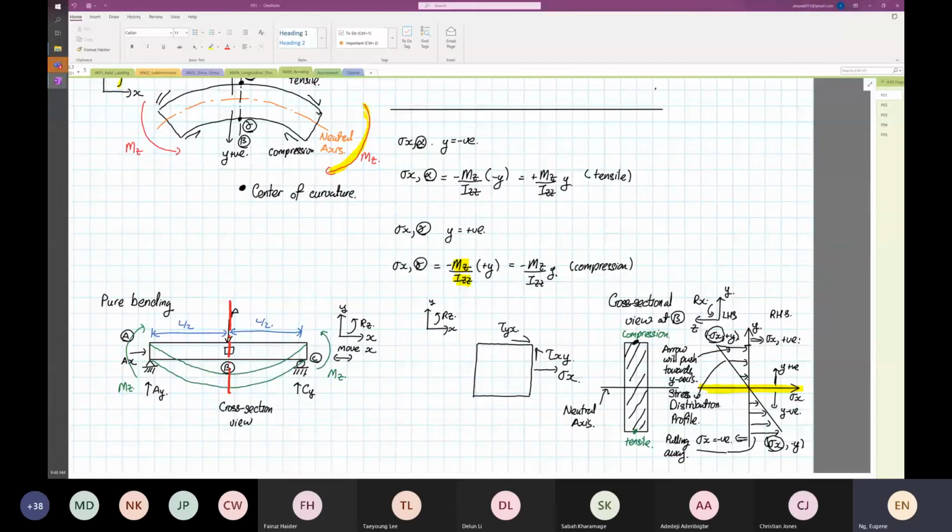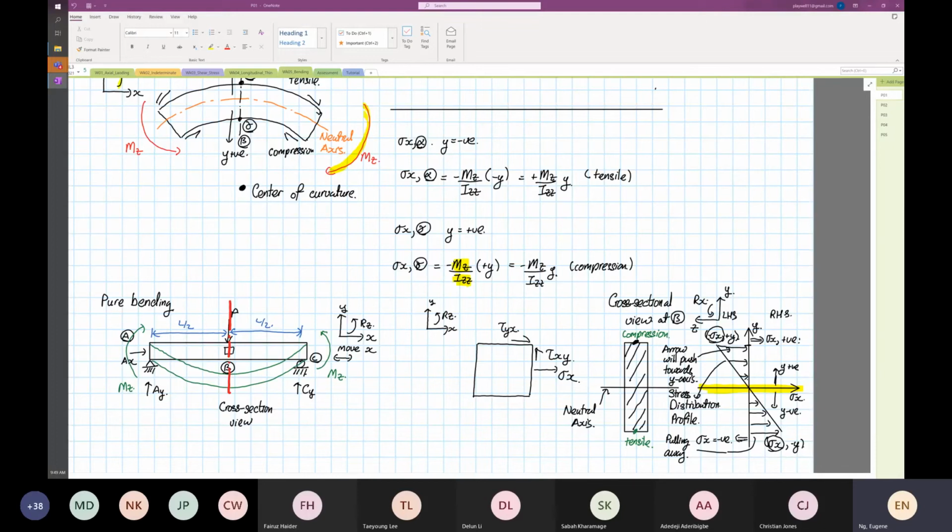On the right hand side of stress X, it is tensile, which is positive. On the left hand side of stress X, it is compression. Above, on top, Y is positive; below, Y is negative. So it's according to the axis that we're referring to.